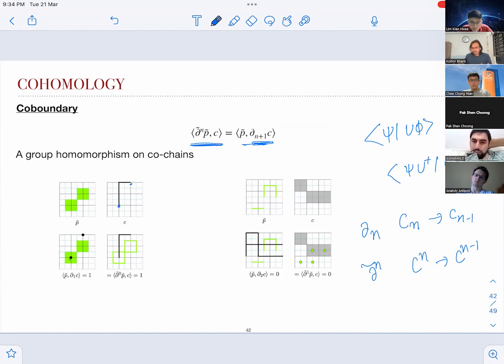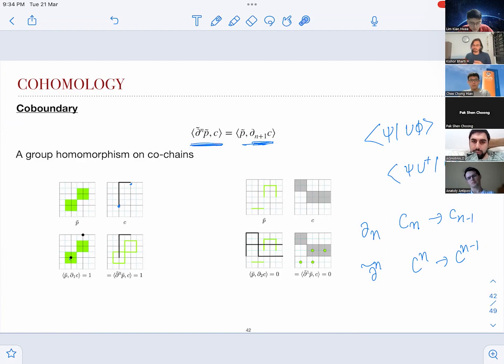So there is this relation which somebody could question: why do you have a plus 1 here, on the other hand you do not have any here? You can think of it as because if you look at your one chain and one co-chain, they are not a similar kind of object.